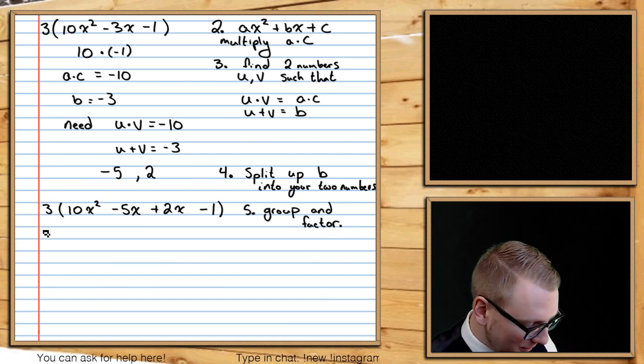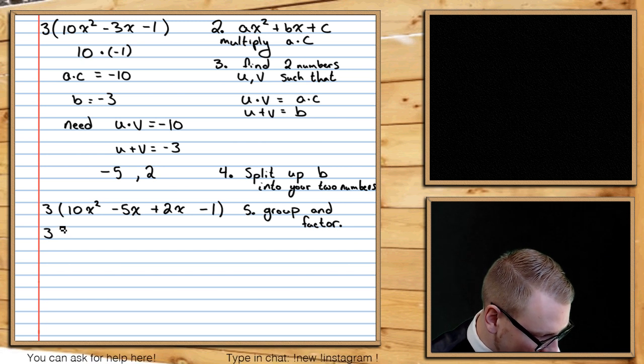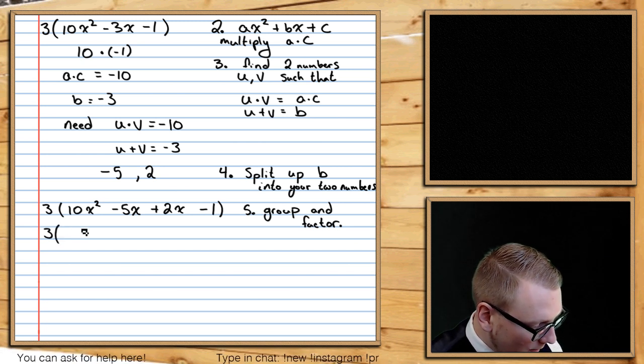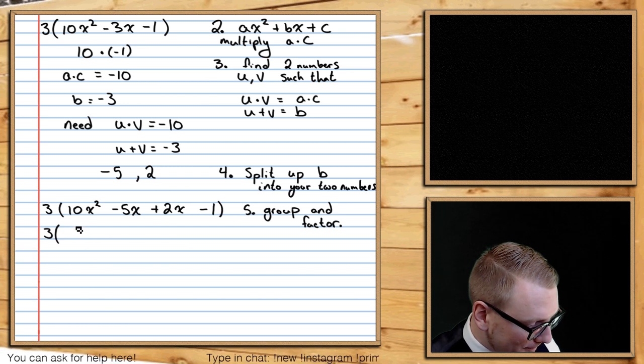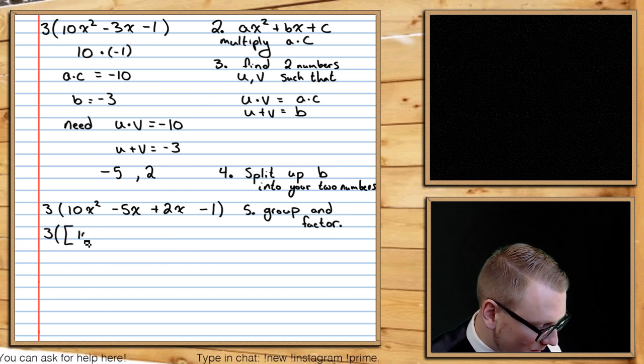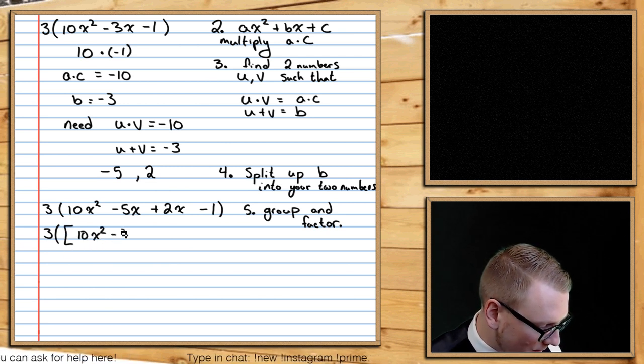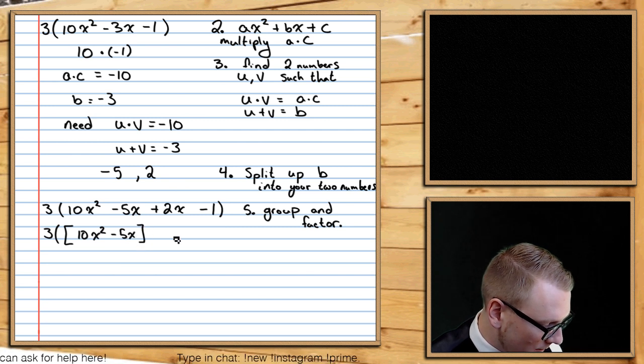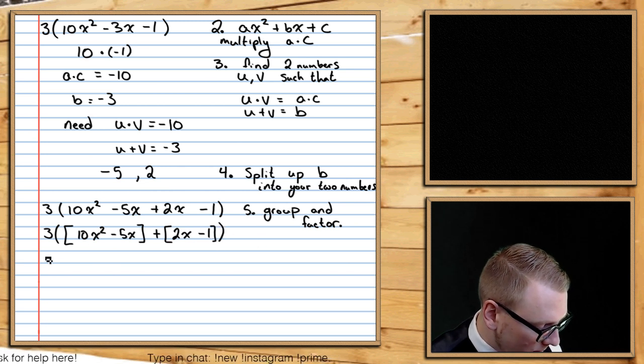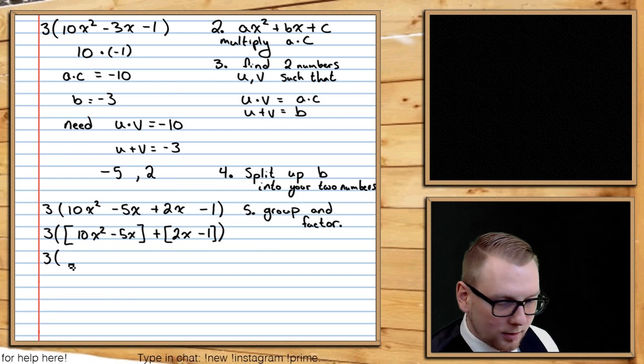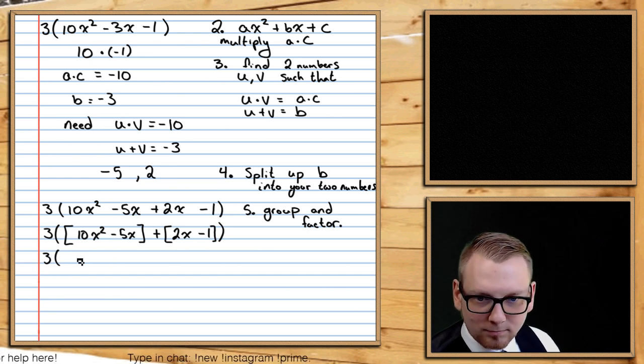Perfect. Okay, so then I'm going to write this again in another step. We've got 10x squared minus 5x plus 2x minus 1. So what can we take out of the first two?